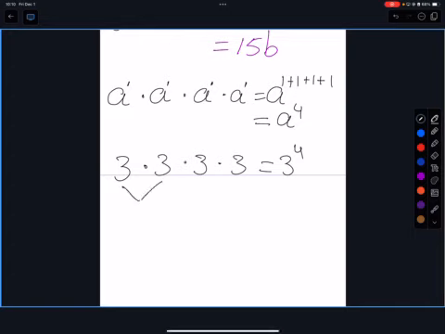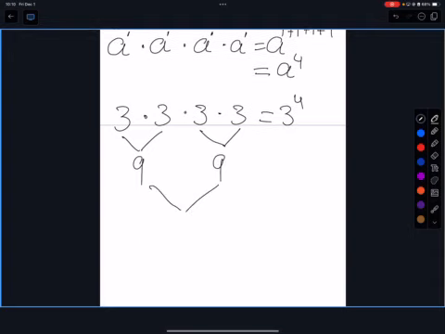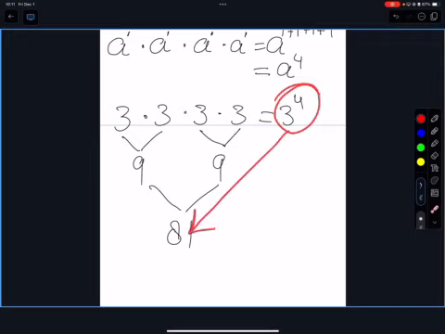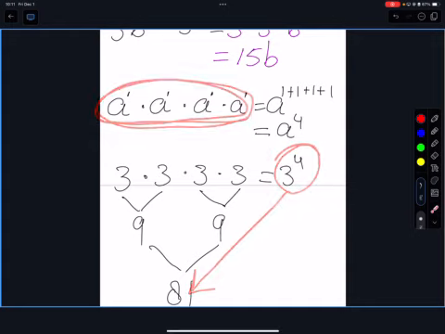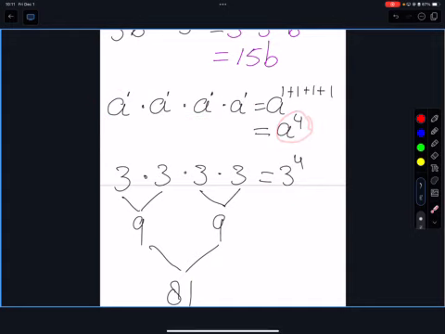If you multiply 3 with 3, that is 9. 9 with 9 equals 81. What is written here? 3 times 3 times 3 times 3. So 3 to the power of 4 is the same as 81. So a multiplied by itself 4 times is a to the power of 4.